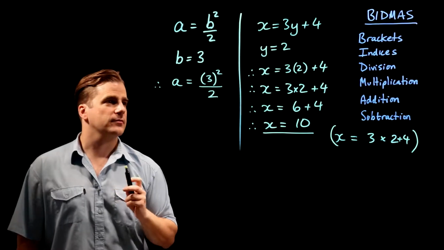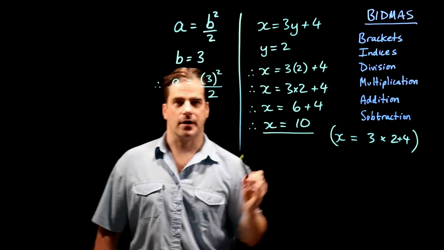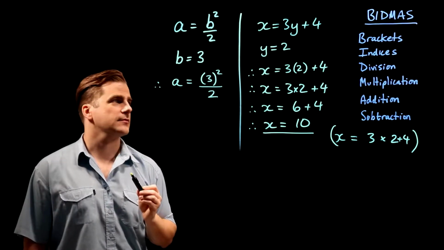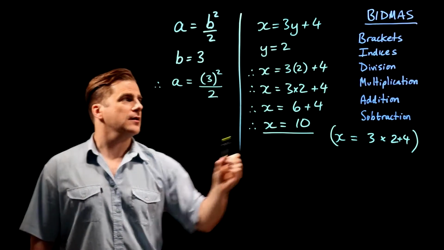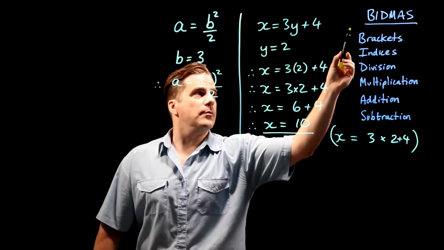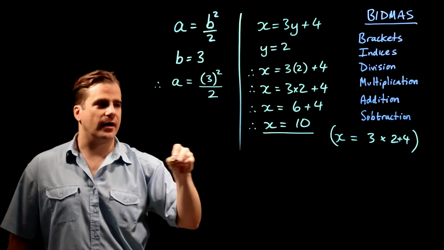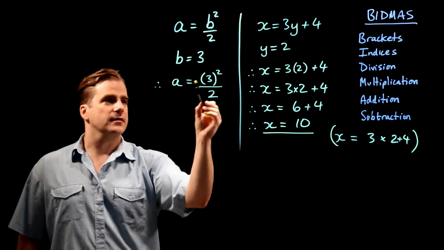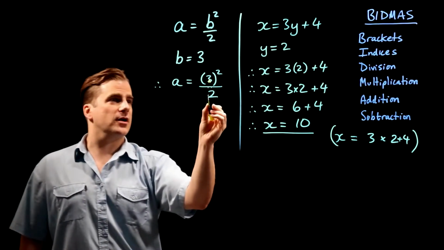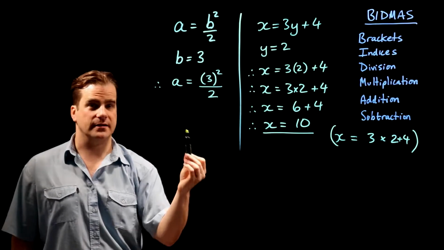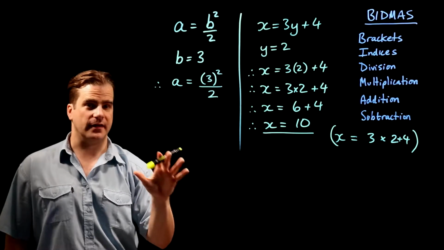So, we have an indices. So indices comes in. And brackets is ahead of indices. The brackets, being the most important of all, means sort out everything inside the bracket first. So we don't need to do that here because everything inside the bracket is sorted. It's 3. It can't get any more simple than that.